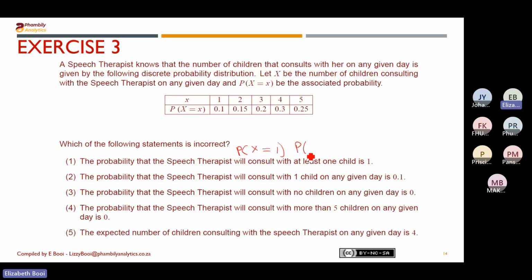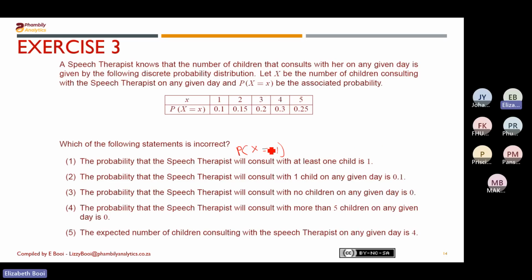Or is it the probability that X is less than or equal to 1? Or do we write it as the probability that X is greater than or equal to 1? Which one are we going to use? Number 1, number 2, or number 3? Oh guys, we're using number 3.